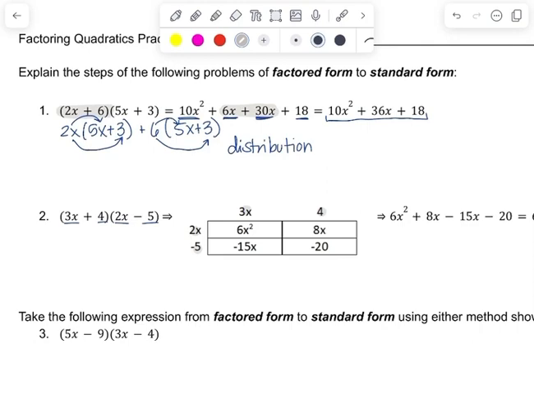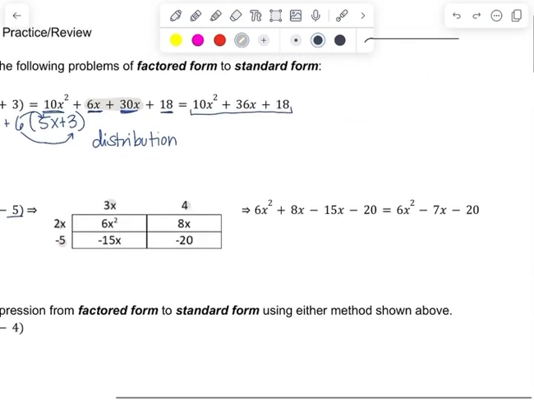In each box, 3x times 2x gives us 6x squared. 4 times 2x gives you 8x. 3x times negative 5 gives you negative 15x. And 4 times negative 5 gives you negative 20.